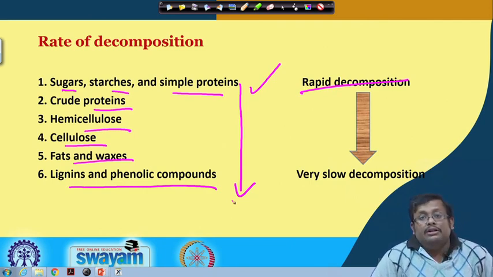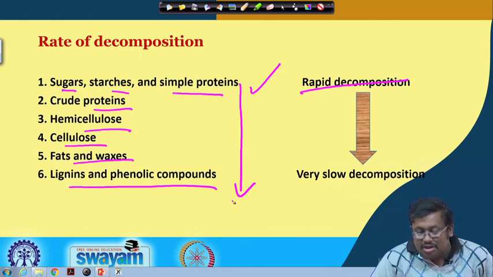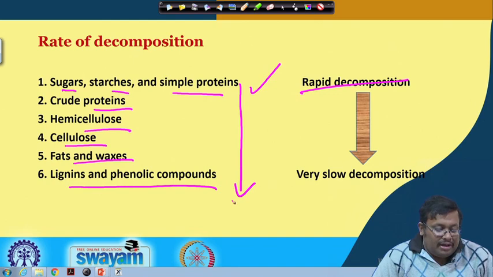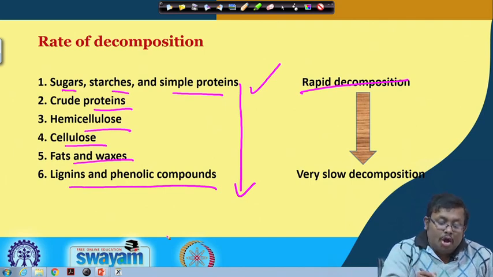So, lignins and phenolic compounds are the most resistant to decomposition, followed by fats and waxes, cellulose and hemicellulose. These are very important aspects you have to consider. And so, the rate of decomposition depends on the composition of the particular organic matter.